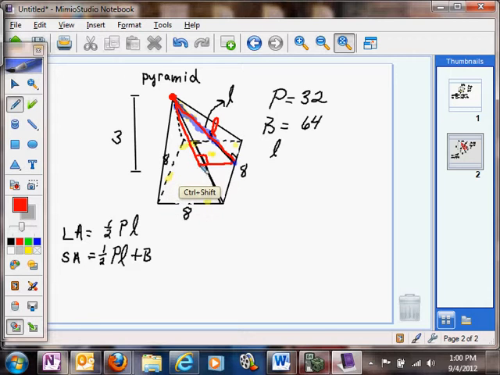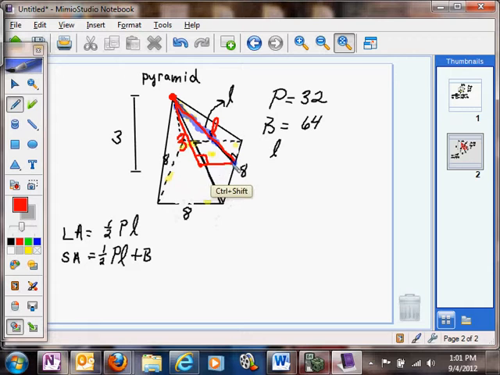If I take a point at the center of the base, and then from the top I draw a line straight down, that's the height of the pyramid from the base to the very top point. This value is 3, indicated right here by this little measurement. So this is 3.